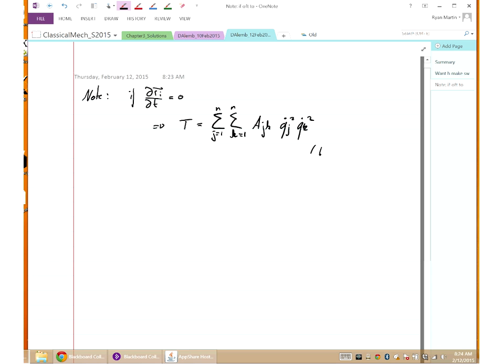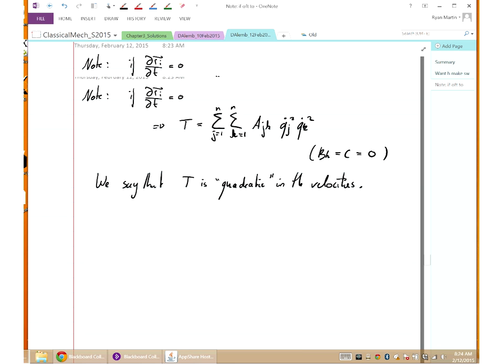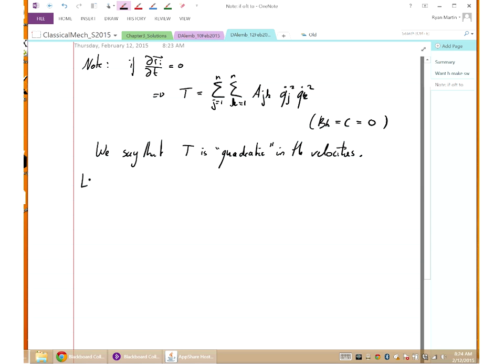And we say that, so that means that Vk equals C equals 0. And we say that T is quadratic in the velocity. So let me do another simple example of this.